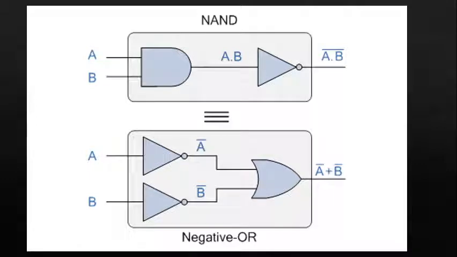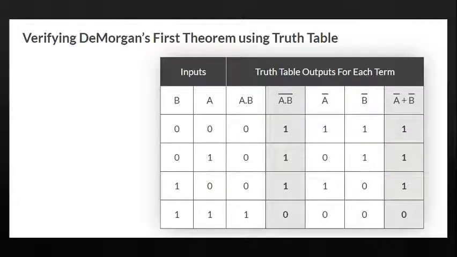So hindi gid ka mo ma-confuse sa aton yung negative OR kaysa sa aton yung not OR. Kaya ang aton yung not OR or ang aton yung NOR gate ara iya sa buli ang iya nga inverter. So this is the truth table nga makapamatuod sa kay De Morgan nga first theorem. So we have two inputs.